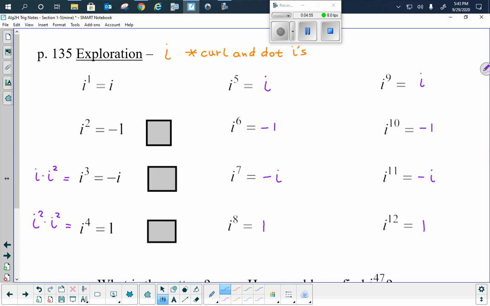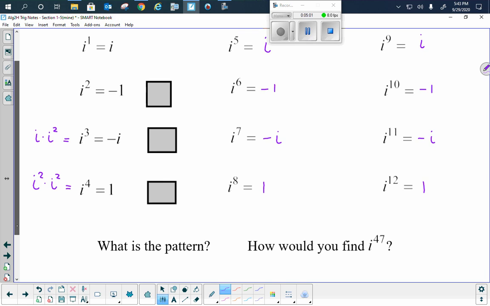If you go down those columns, I hope you're noticing that there is definitely a pattern: i, -1, -i, 1, i, -1, -i, 1. So that's your pattern.